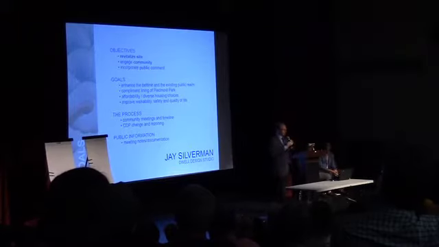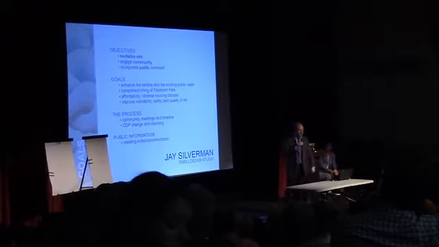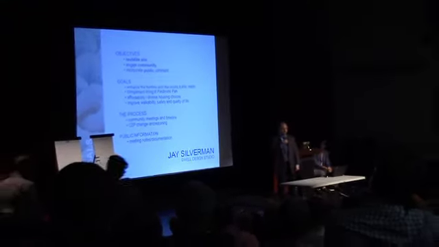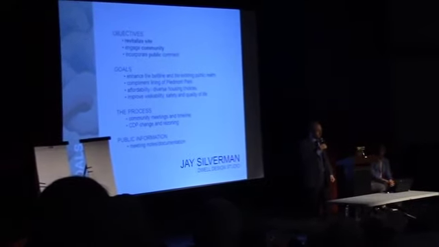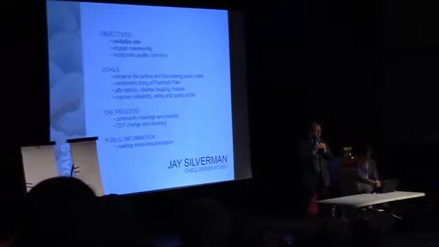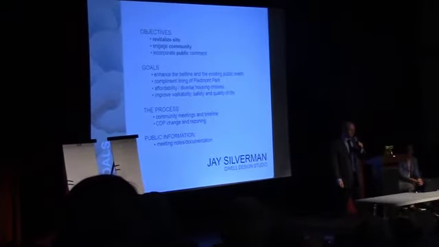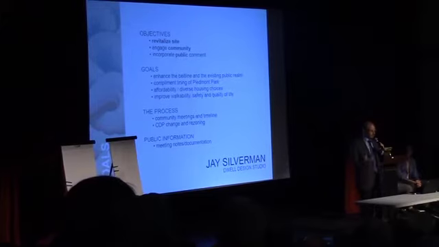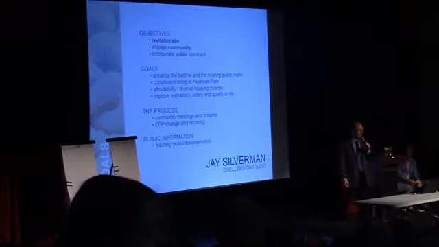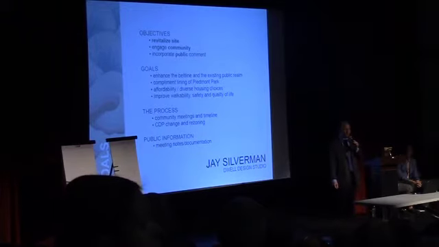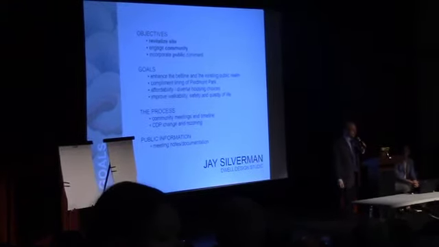Our goals approaching the project were to enhance the Beltline and the existing public realm, complement the Beltline and the extension of the Beltline to the Beltline Trail, and treat the project as aligning to Piedmont Park. We also want to incorporate affordability and offer diverse housing choices in this neighborhood, and at the same time improve walkability, safety, and the quality of life.